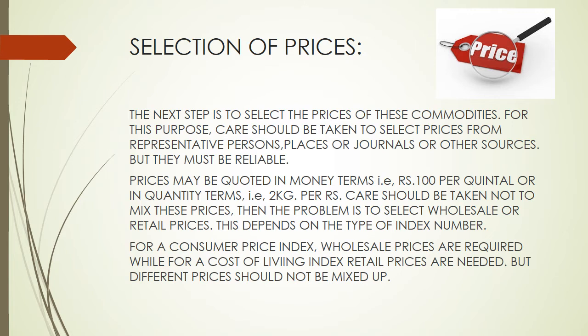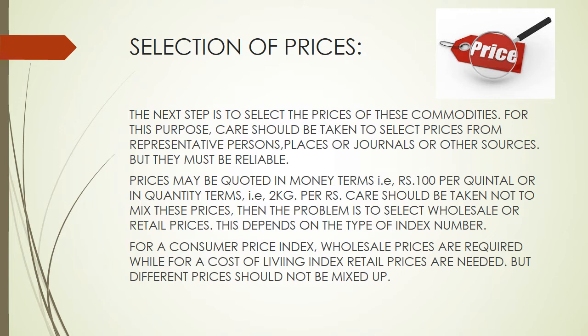The selection of prices. The next step is to select the prices of these commodities. Care should be taken to select prices from representative persons, places, journals or other sources, but they must be reliable. Prices may be quoted in money terms, that is rupees 100 per quintal, or in quantity terms, that is 2 kg per piece.